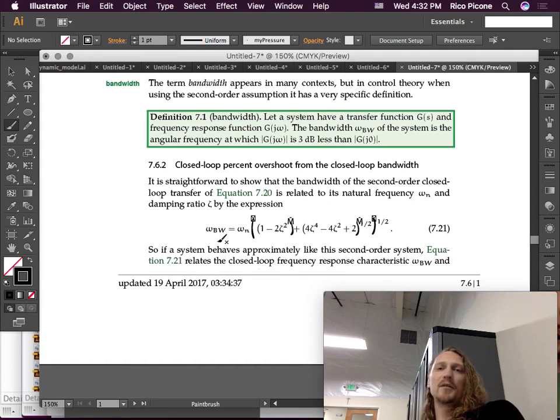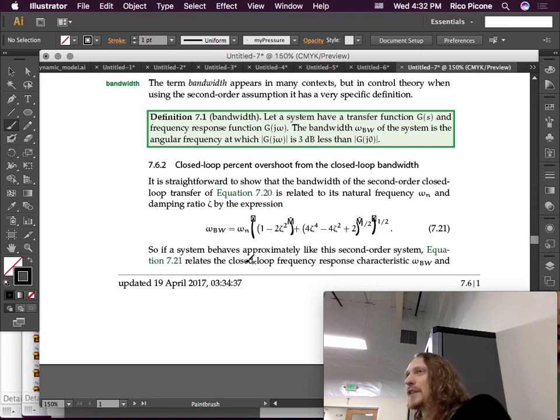I'm not going through the derivation here, but it is straightforward to show that the bandwidth of the second order closed loop transfer function 7.20 is related to its natural frequency ω_n and the damping ratio ζ by this expression. That's useful in and of itself, but the real reason that we're doing this is to go one step further, because we've already related, for the second order system, the natural frequency and damping ratio to the transient response characteristics like rise time, settling time, and percent overshoot.